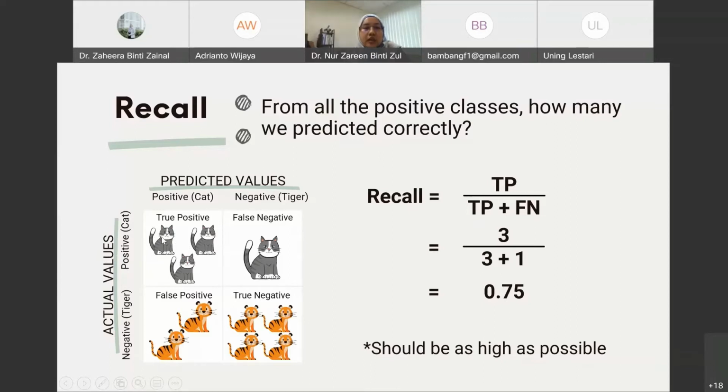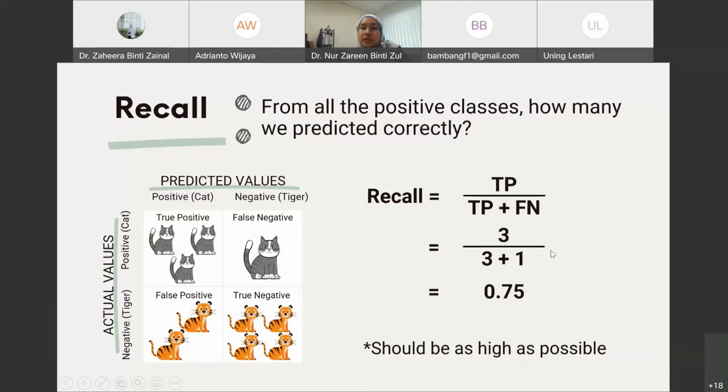So there are actually 4 cats. Out of the 4 cats here, how many did your model manage to predict? In this case, we predicted 3. So the model predicted 3 cats. In totality, we have 4 cats, so 3 plus 1. So you look at this row here.